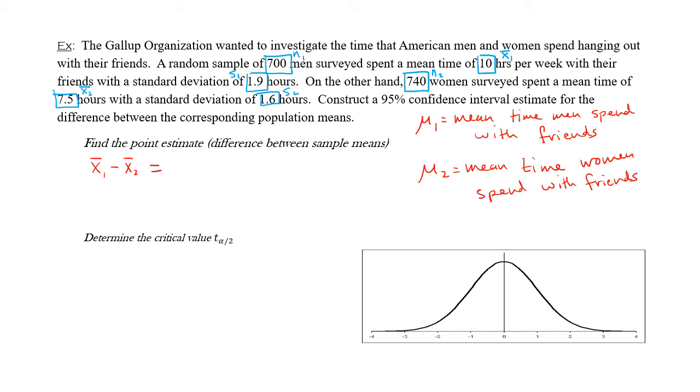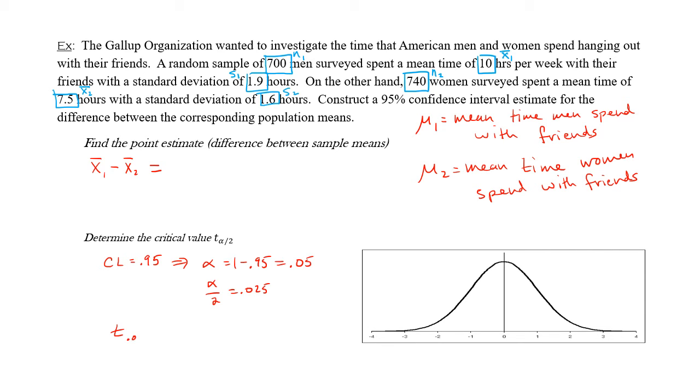Okay, so we know how to construct the critical value, t alpha over 2. In this case, it's a 95% confidence level, so alpha would be 1 minus 0.95. And so alpha over 2 would be 0.025.